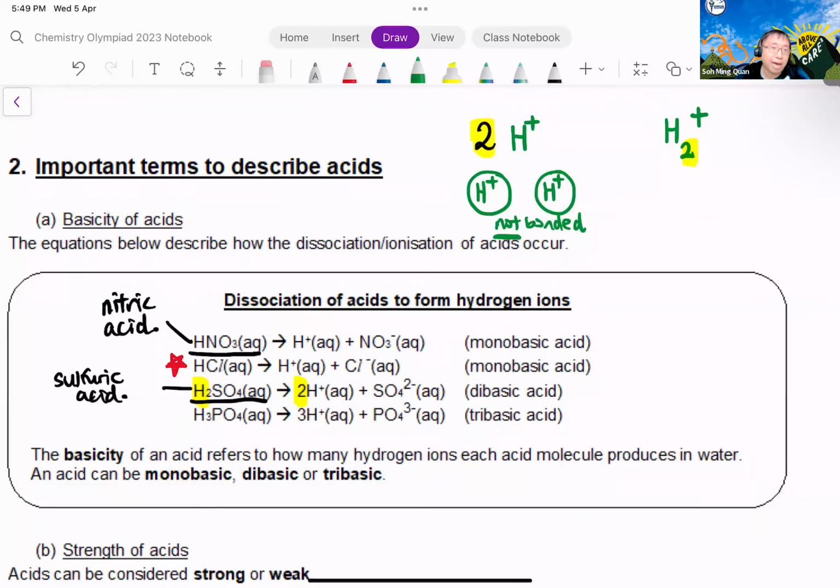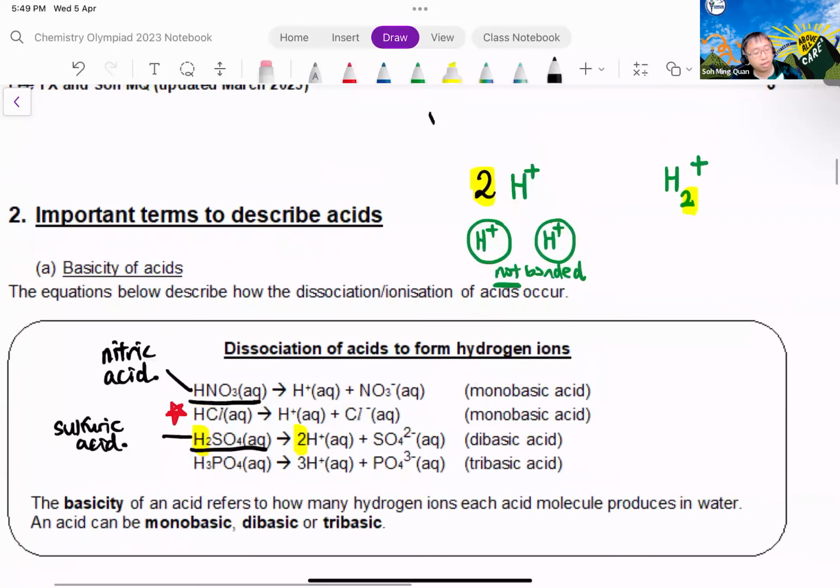The 2 H+ ions are not bonded. What you mean to say is it produces twice the amount of H+. The 2 in front means twice the amount of H+. The 2 H+ are not bonded together.